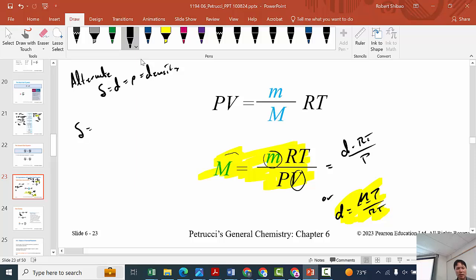Delta is the mass over volume. And then this is going to be mass over V is equal to nRT over P. And then invert and multiply. It's going to be the mass times P divided by nRT. And then the mass over moles is equal to the molar mass. So this is going to be the molar mass times P divided by RT. And so we have the same thing. Molar mass times P divided by RT.